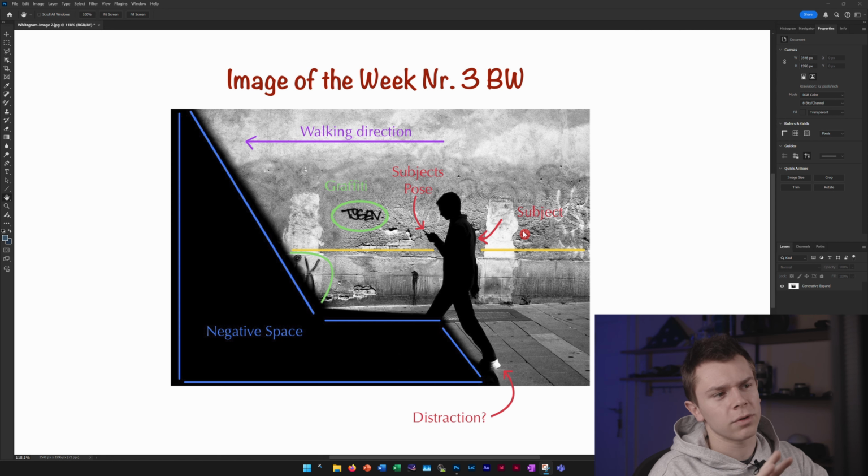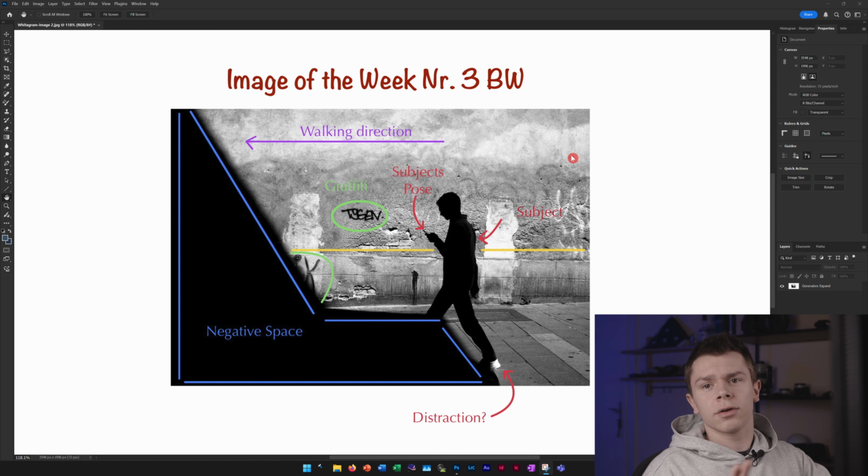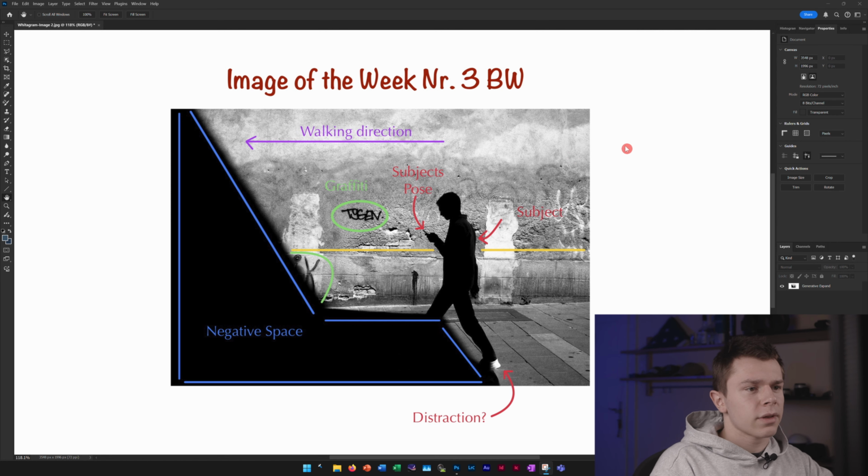This wall has some graffiti and little things going on, but there's not much there, so it's kind of a negative space as well, and it balances out. It's all about balance. And that's basically it. I really tried to make it short, and I hope you can still understand what I'm saying.